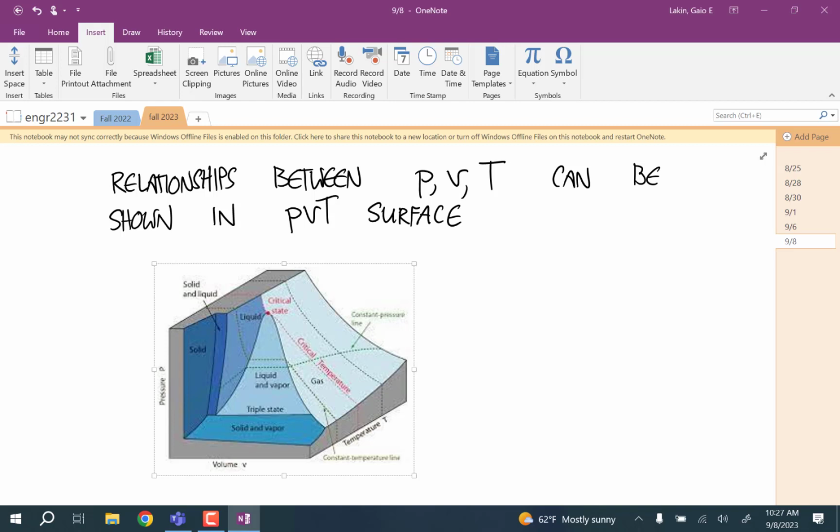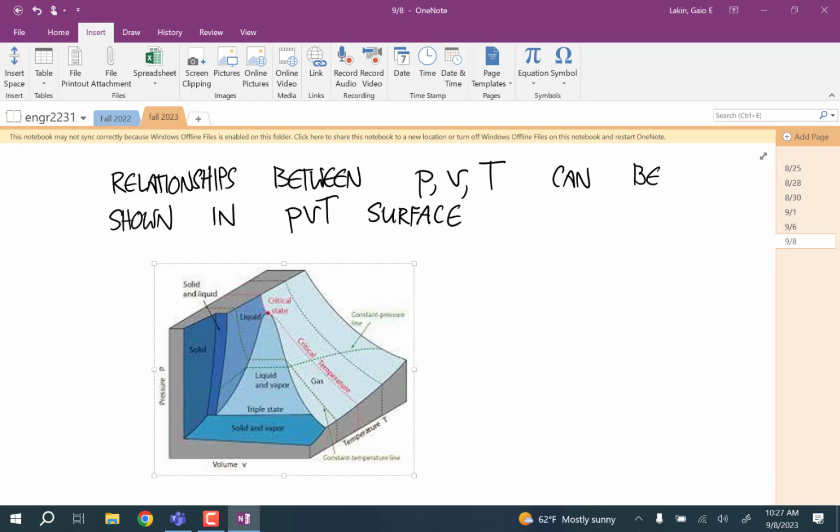Notice this thing that happens. This axis is volume. When you go through the phase change from liquid to solid on this surface, you can see that the volume suddenly decreases.